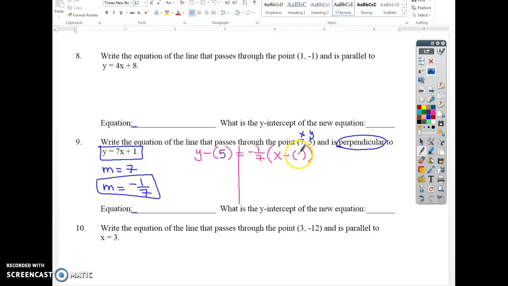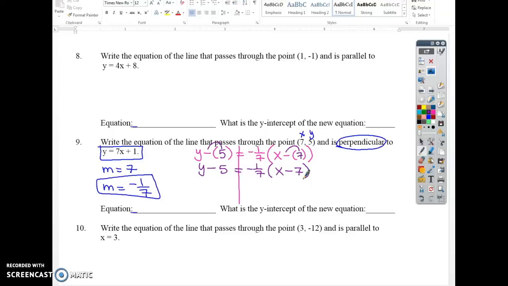My X is 7. You're going to put 7 here. And you're going to distribute the negatives here and here. So, negative 1 times 5 is negative 5. So, Y minus 5 equals, bring down the negative 1/7, parentheses. And when I distribute this one here, it makes my 7 a negative. So, X minus 7, close parentheses.